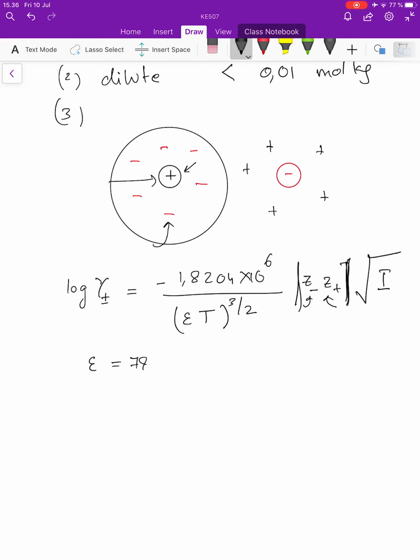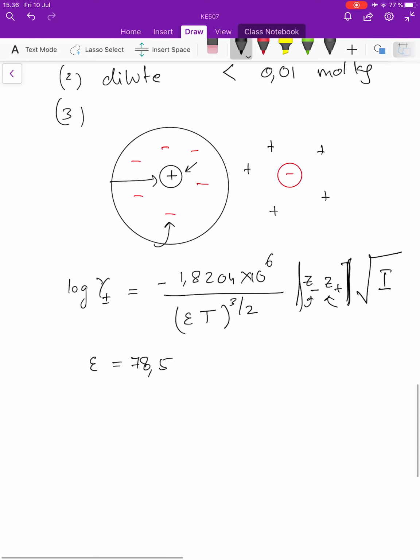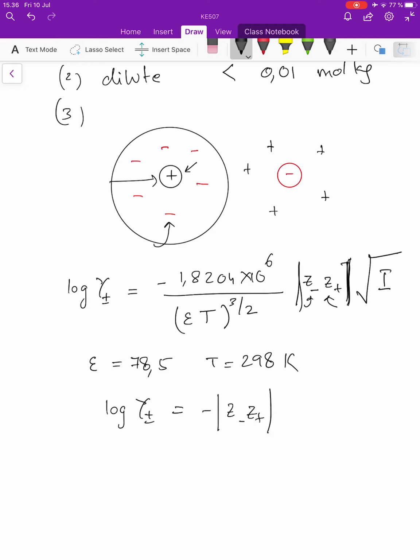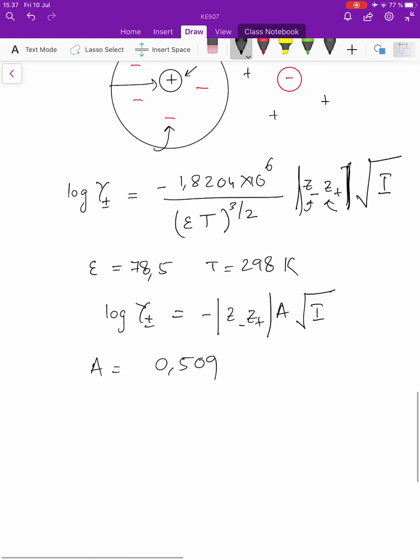Usually we do the experiments in water. So epsilon is 78.15, the temperature is 298 Kelvin. In that case, the equation becomes log gamma plus minus equal to minus the constant A multiplied by the square root of I. This A is equal to 0.509.